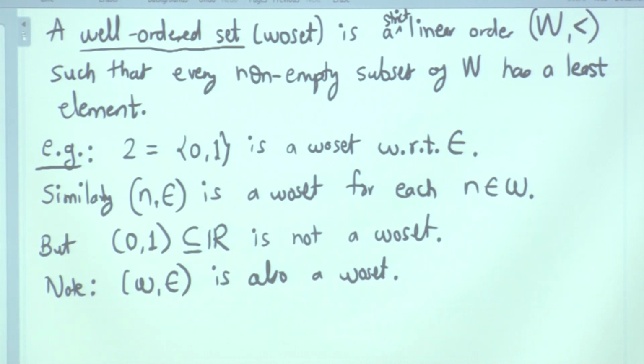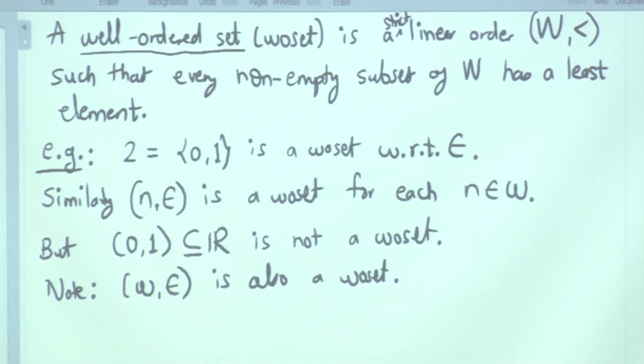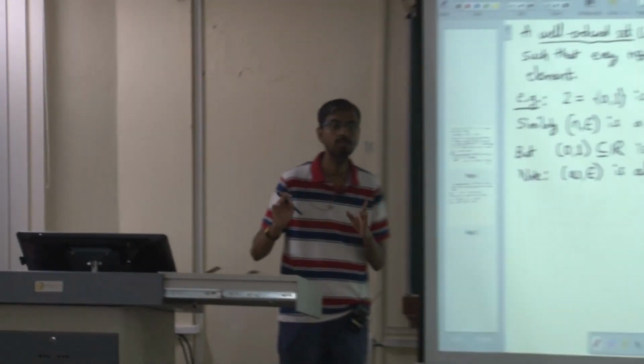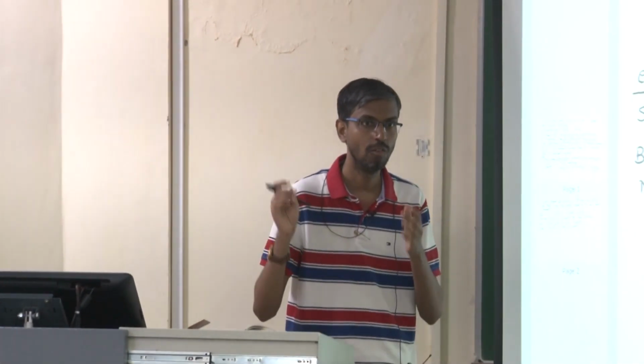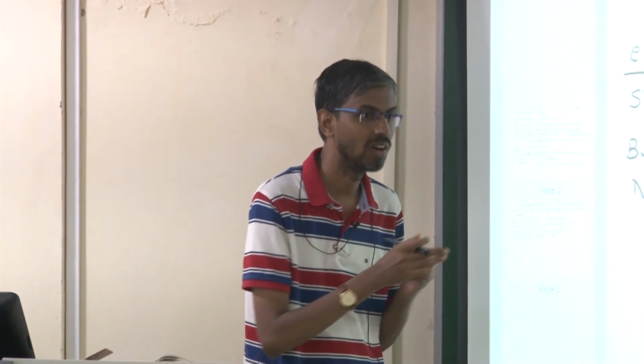It's a bit tricky, but you should try that. It follows from the axiom of foundation, or the way we have designed these things. So this is also a well-ordered set. So omega is a well-ordered set. So far what do we know? 0 is well-ordered, 1 is well-ordered, 2 is well-ordered, ... Omega is well-ordered.